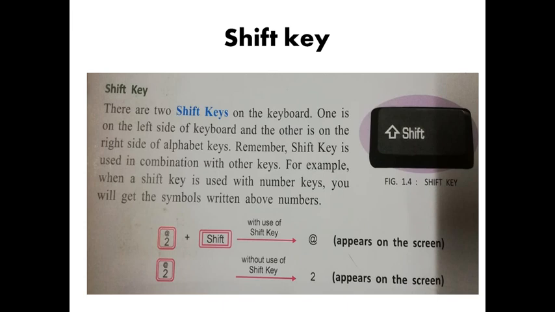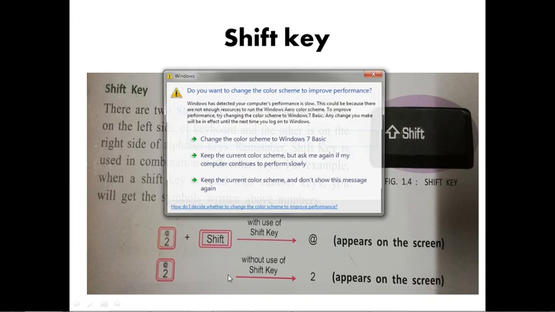If you want the at-the-rate-of symbol, you press shift and then 2, and the symbol will come. So shift is used with other keys.